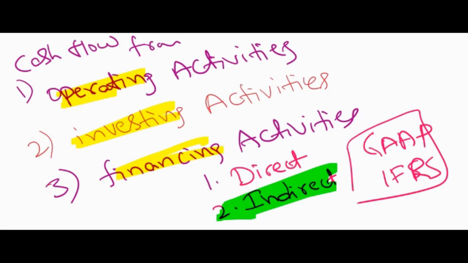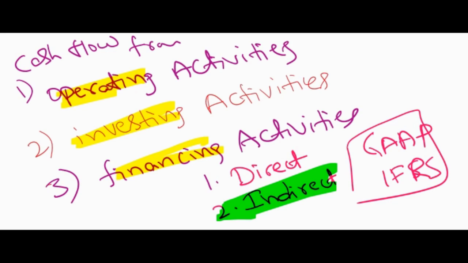In this video we are going to focus more on the indirect statement because that is more important, which you all get in exams. The direct method actually starts from transactions like cash received from customers, cash paid to suppliers or employees, or interest and taxes paid, etc. So you start from that and then you close the cash flow and you will know what the balance is. Whereas the indirect method starts from net income that you have from the income statement, and then you add up all the transactions.